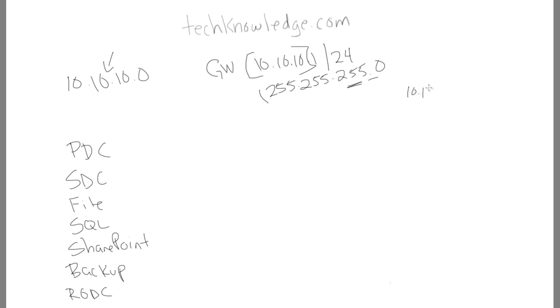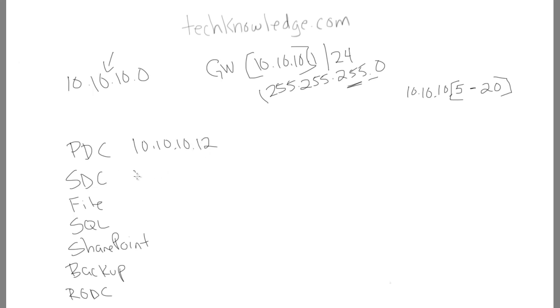I'm going to use the addresses 10.10.10.5 through 20 as servers, addresses that can't be used for anything else, whether we install printers later on or get more servers later on. We'll have a little bit of extra room here. But these IP addresses are not going to be handed out by our DHCP server. So our primary domain controller, which we already installed, is 10.10.10.12.